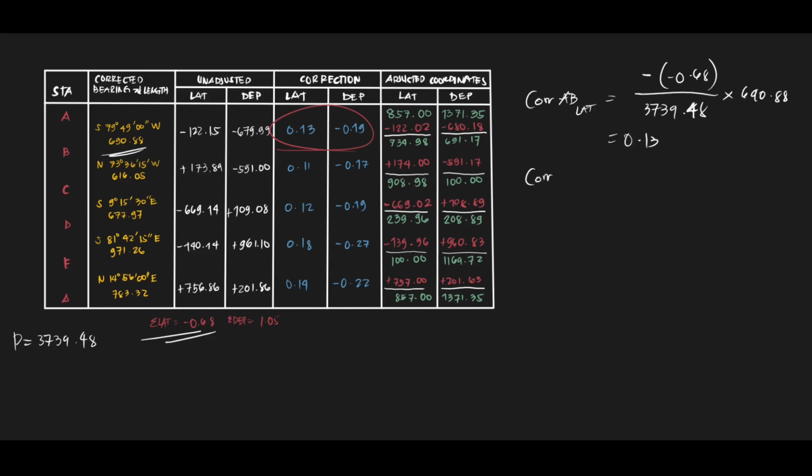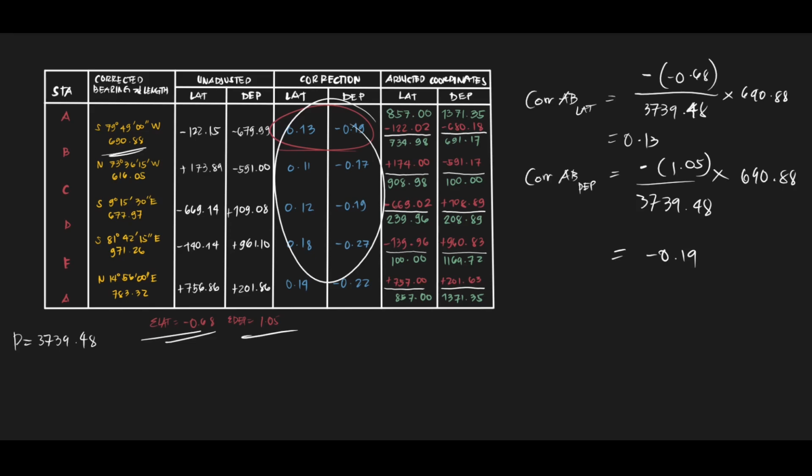Now let's say we want to get it for the departure. So we have here negative 1.05, as you can see right here, divided by 3739.48, multiplied again by that 690.88. So if you calculate that, you will get negative 0.19. Okay, so if you do that all over again here, you will get all of these values.